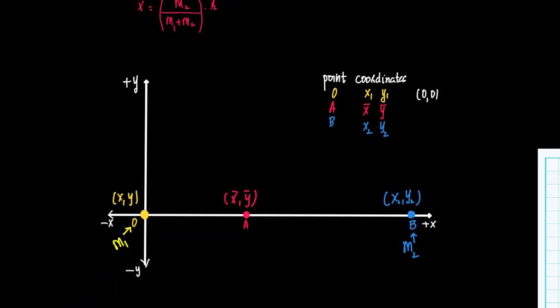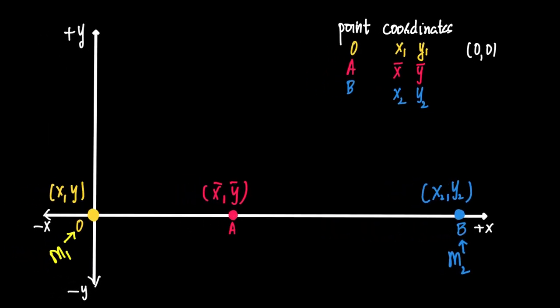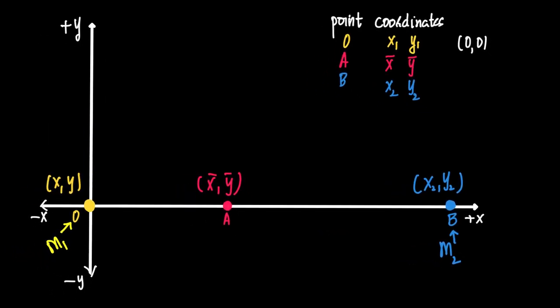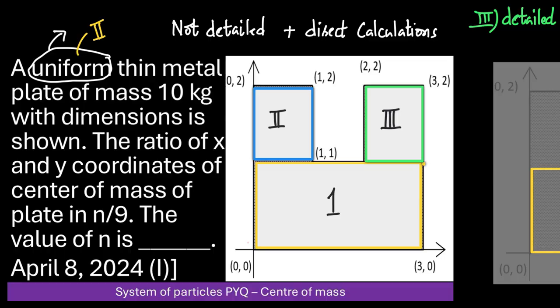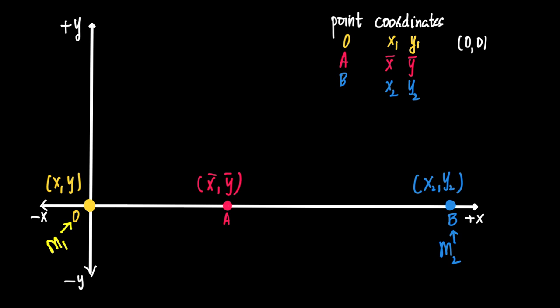Let's see how. So this is what the graph looks like. m1 is placed at the origin. Therefore, the coordinates of m1, which is x1, y1, should be equal to 0, 0. m2 is placed at B. The coordinates are x2, y2. And A is the center of mass with coordinates labeled as x bar, y bar.